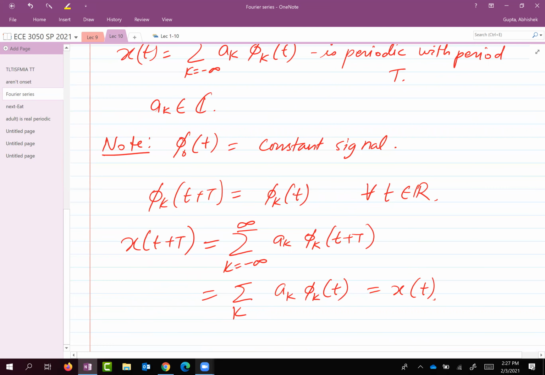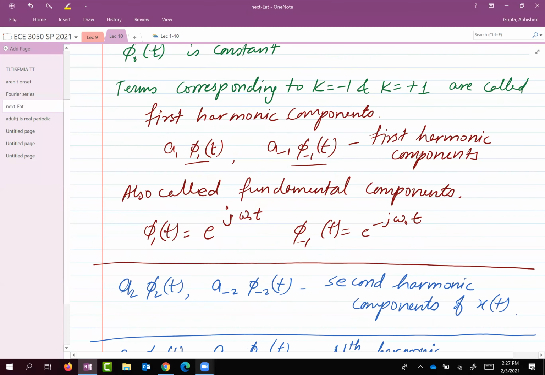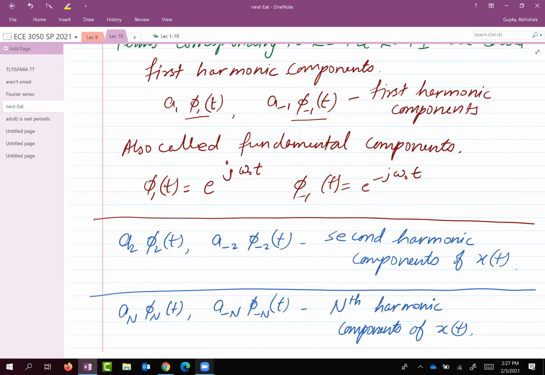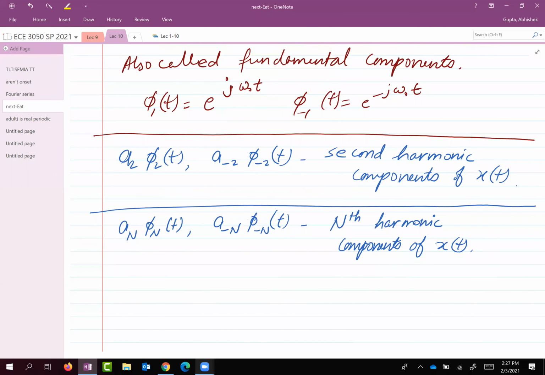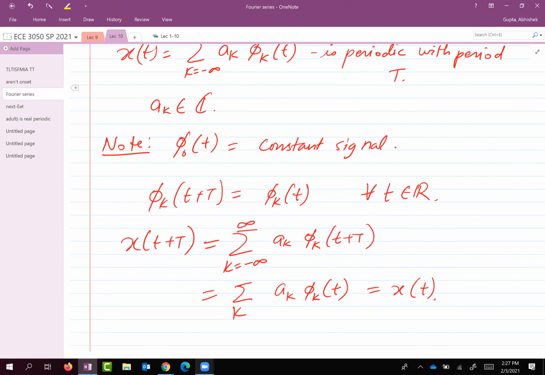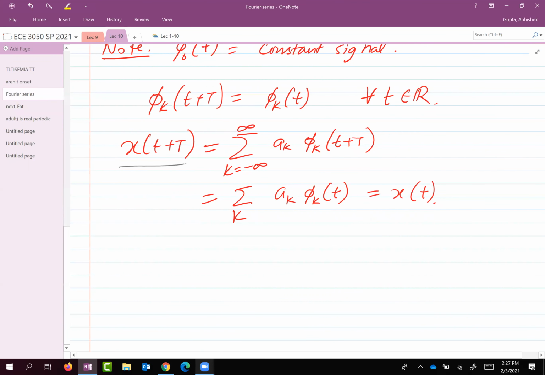So now, from harmonically related signals, I can construct periodic signals with period capital T in this fashion. Then I define what is known as the first harmonic component of x of t, the second harmonic component of x of t, and the nth harmonic component of x of t. Remember, x of t is written as the summation of a_k phi_k of t.